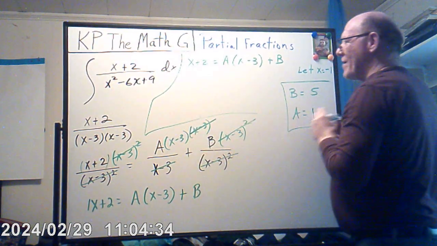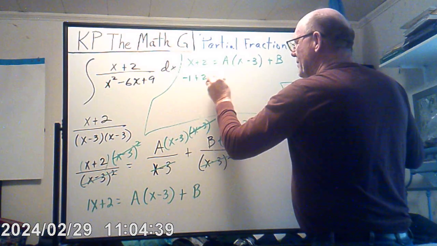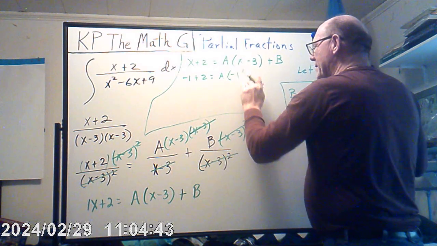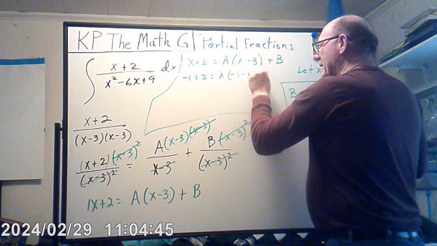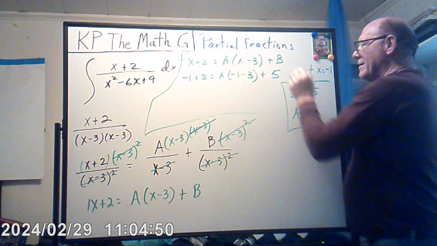Negative 1 plus 2 is a times negative 1 minus 3. Now remember, b is always 5. We done found that out.